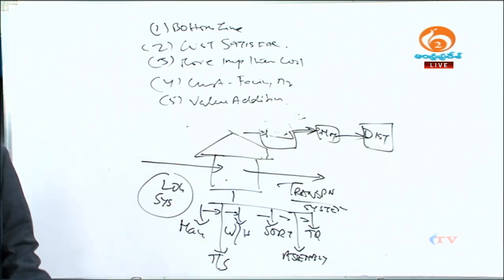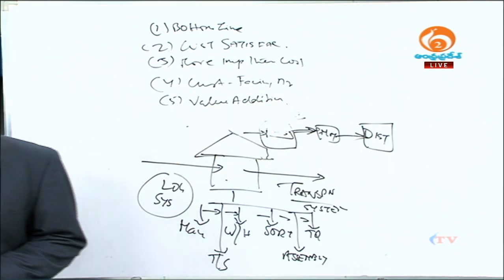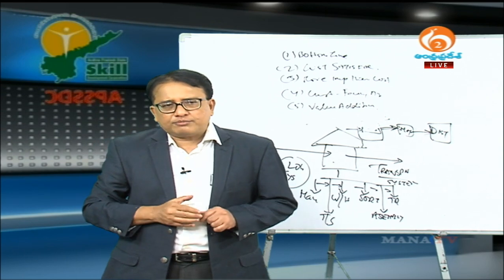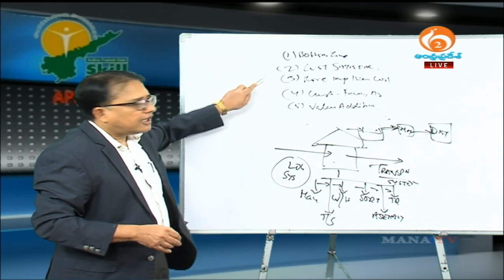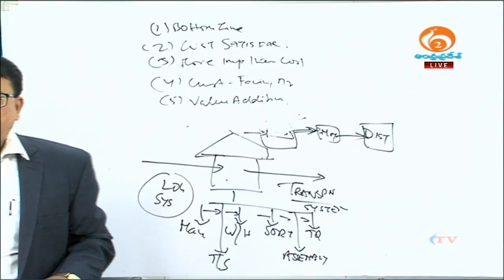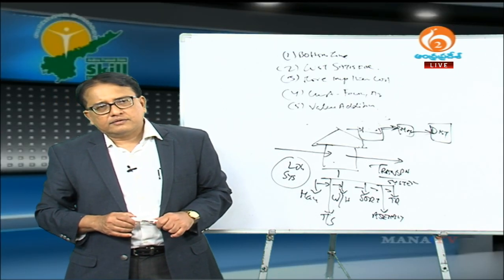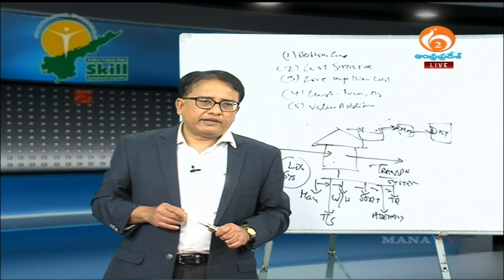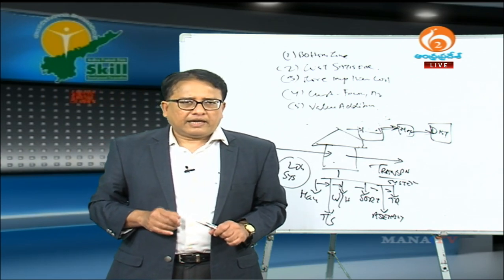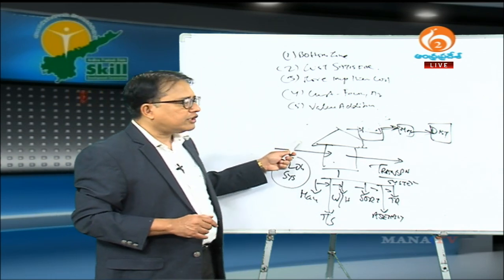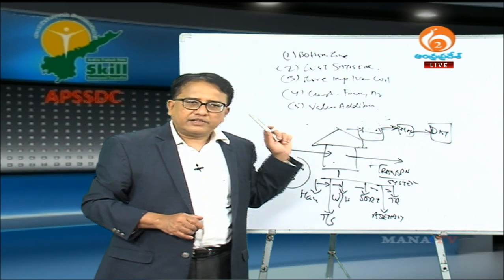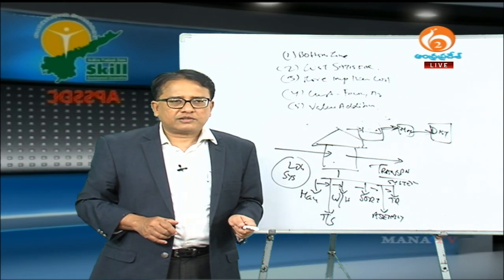For efficient logistics management, these are the very important areas that a logistics manager should always keep in mind, and that would only result in efficient logistics management, whether it is inbound logistics or outbound logistics.